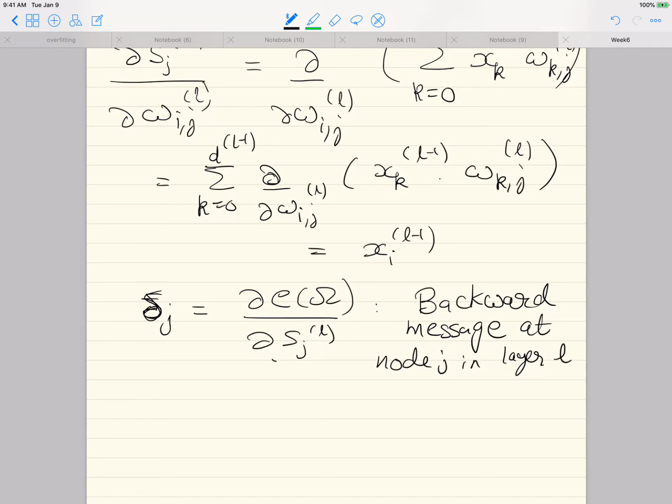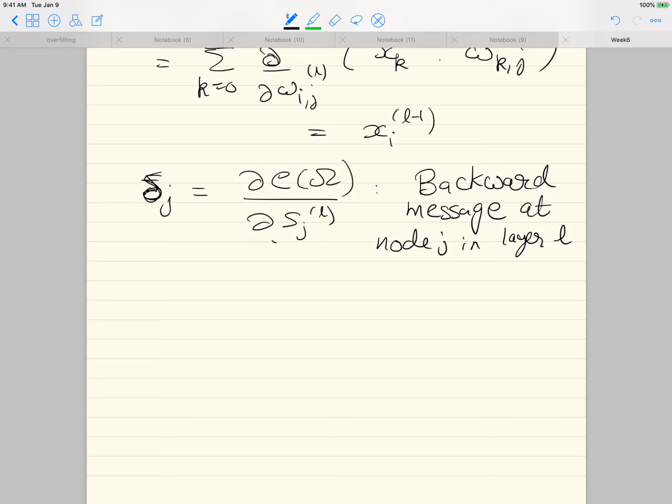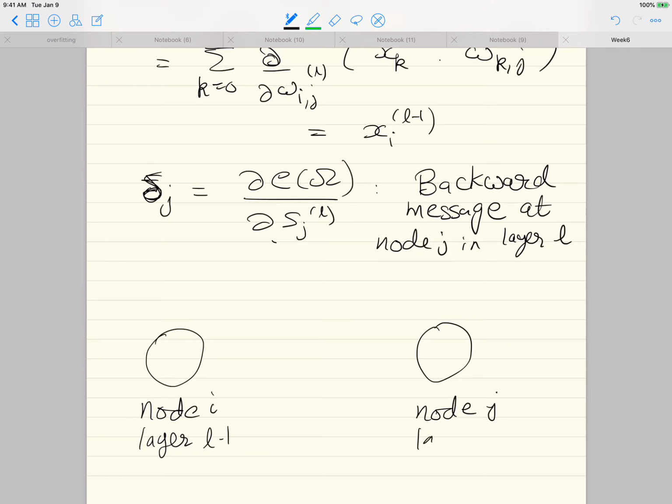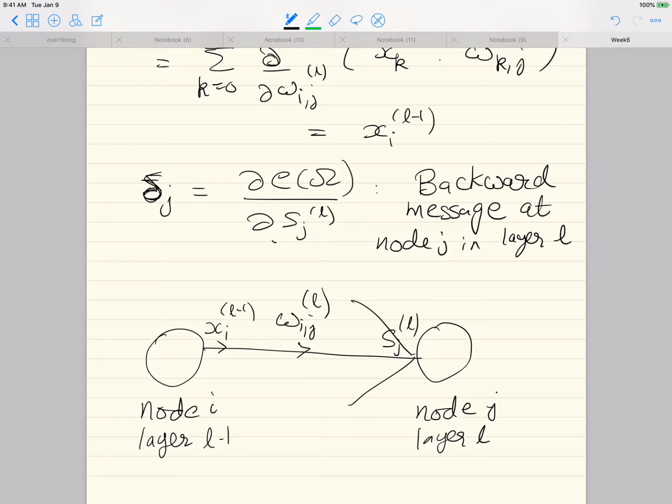So the picture we have now is the following. We have two nodes. This is node I, layer L minus 1. This is node J, layer L. There is a weight here, the weight is Wij of L. You have Xi of L minus 1 coming out. The input here is Sj of L. Of course, there are other connections.